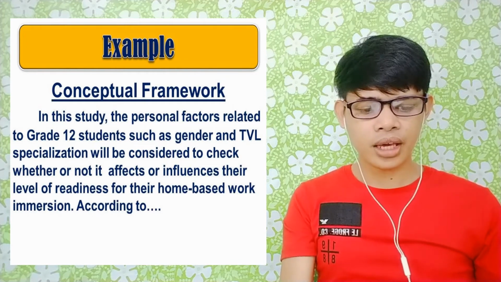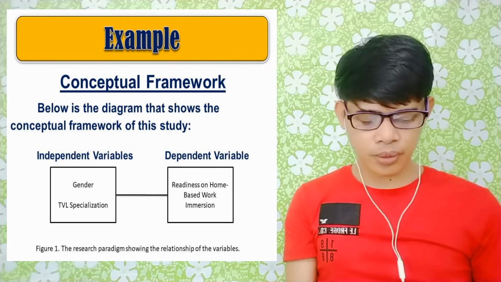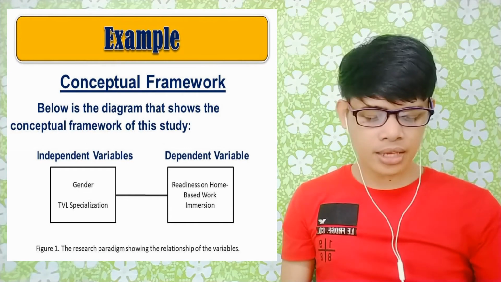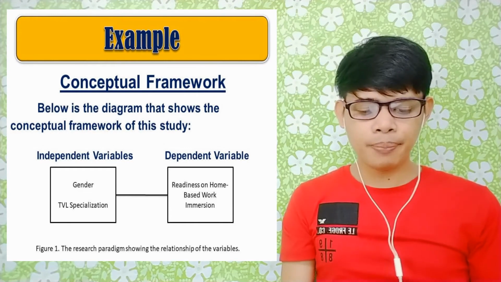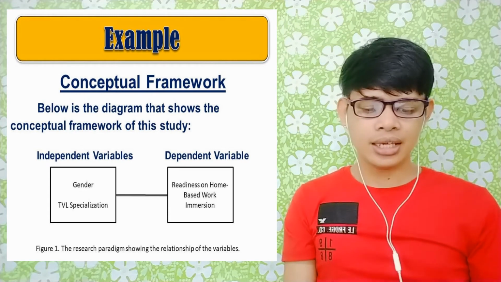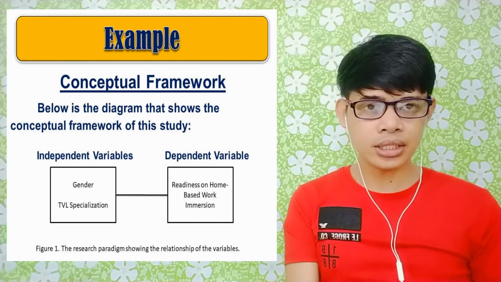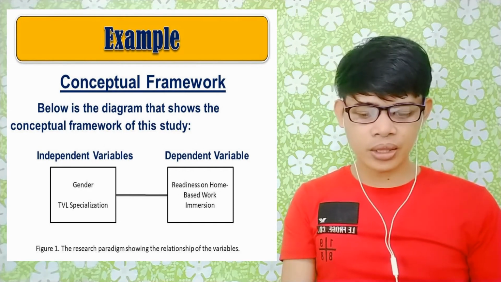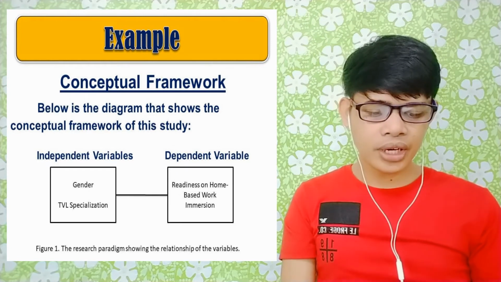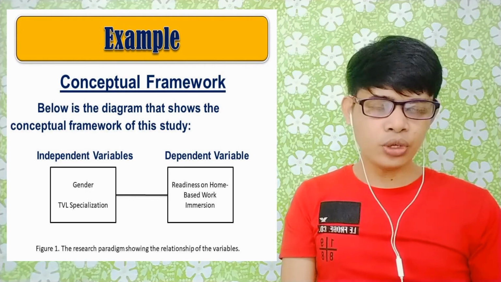Okay, and of course the last part of your conceptual framework will be the presentation of the research paradigm. Okay, so we have here an example. Below is the diagram that shows the conceptual framework of this study. Okay, so you have there first the independent variables that is boxed, the gender, and then the TVL specialization, and you have there the dependent variable, readiness on home-based work immersion, and you have there the line.